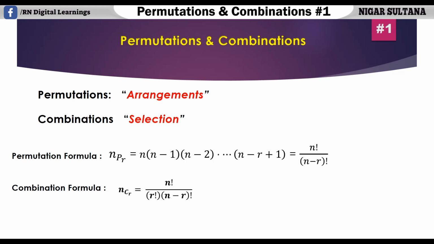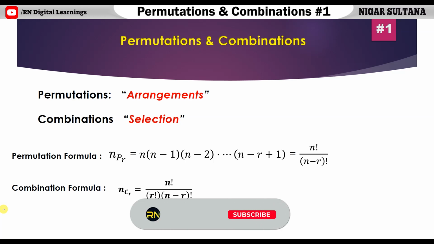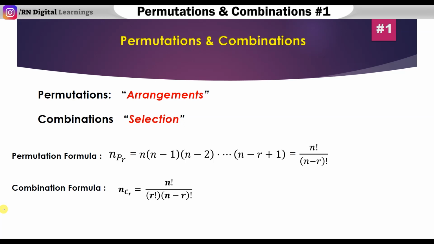To find the permutation, the formula for nPr is n factorial divided by (n minus r) factorial. n will be given and r will be given, and we need to find the number of permutations with the help of n and r. The formula for the combination is nCr equals n factorial divided by r factorial into (n minus r) factorial. Now let's solve the problems.